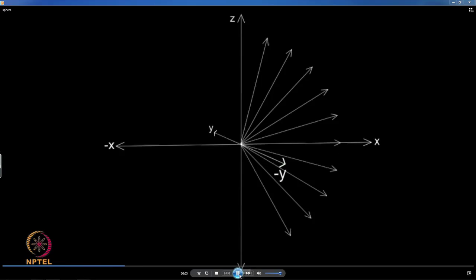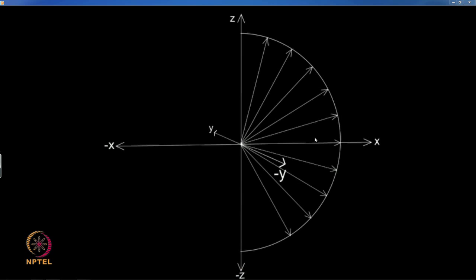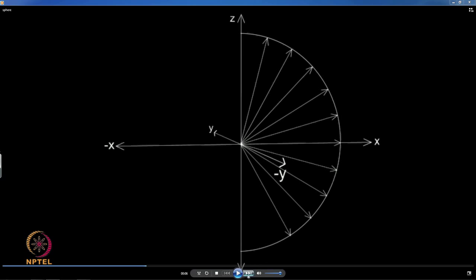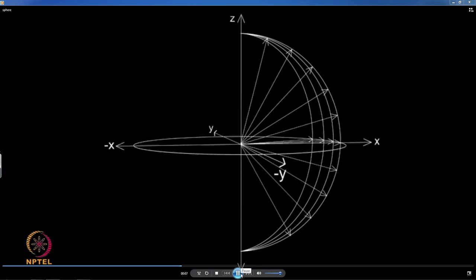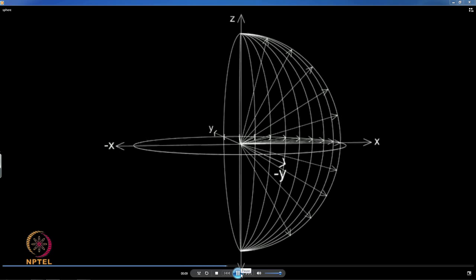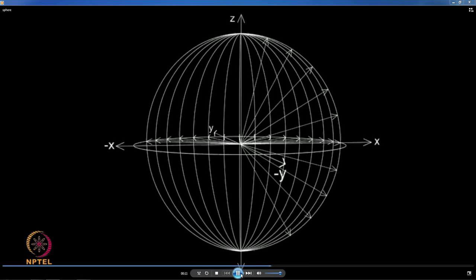Theta varies from 0 to pi only, and the other angle is, of course, the azimuthal angle phi, in a plane perpendicular to this, and if you rotate this semi arc by 2 pi, you generate the surface of the sphere. So, that is the azimuthal angle phi with respect to a chosen x axis.